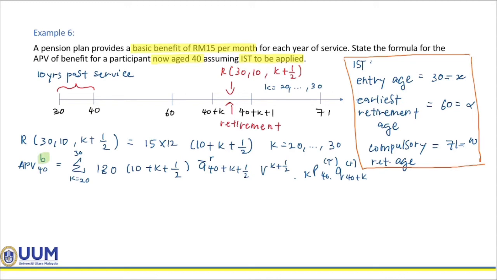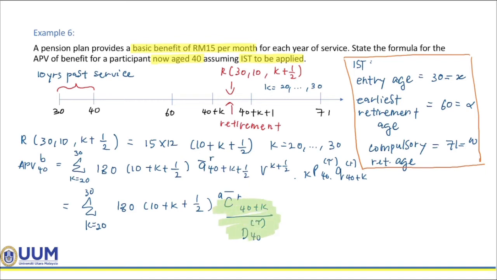Last time for contribution we put C. This is the formula for the APV of the benefit for a participant now age 40. So this is how we write it down in terms of commutation functions.